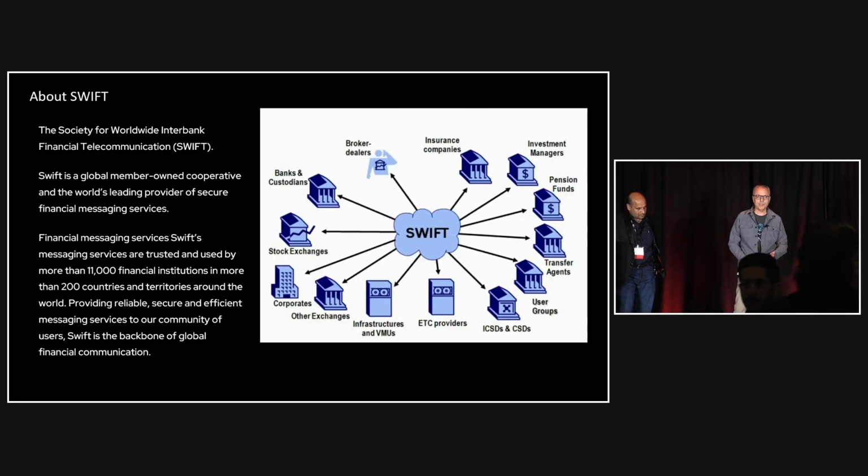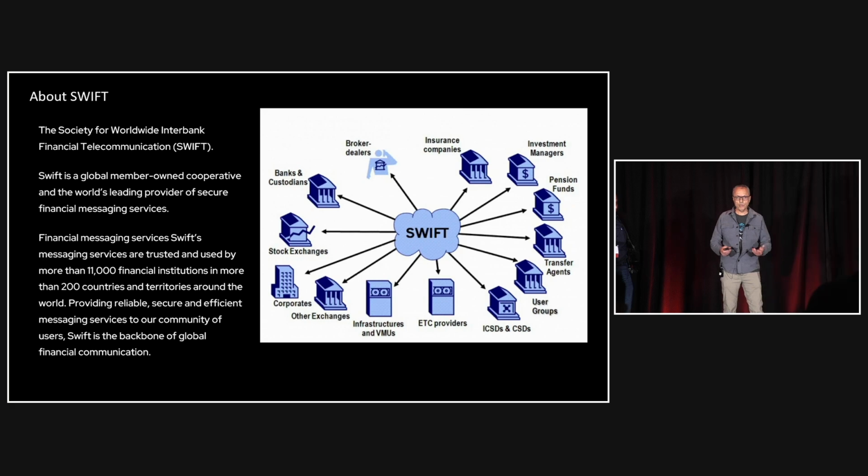Next, I'll just talk about Swift. I don't know how many people know about Swift. You typically would have used Swift if you did some international transaction payment, then you would need the Swift code. So a little bit more about Swift. Swift is a member-owned cooperative.